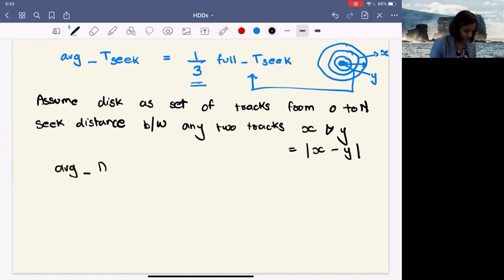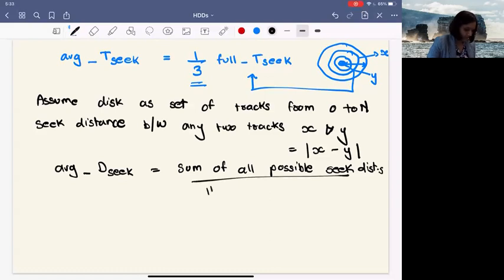Now, average seek distance is nothing but sum of all possible seek distances divided by number of different possible seeks.